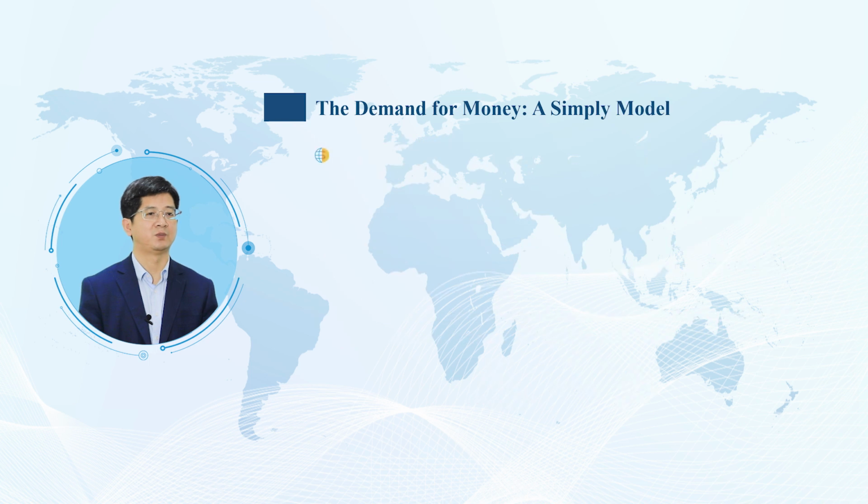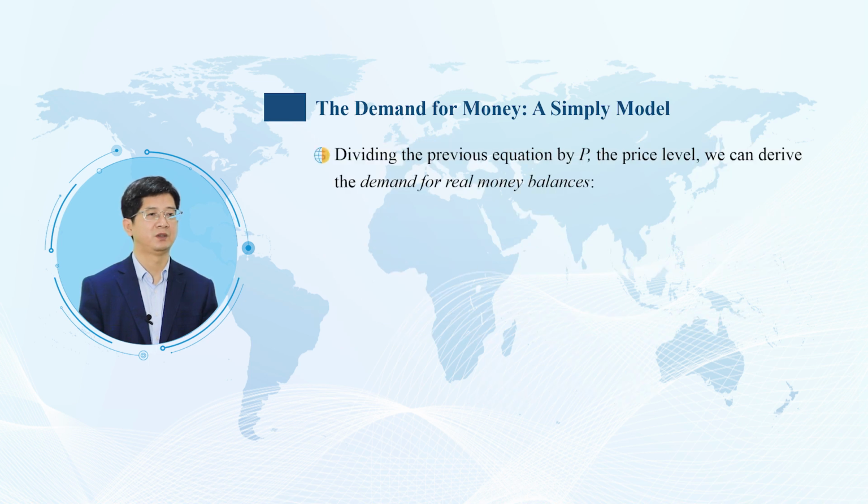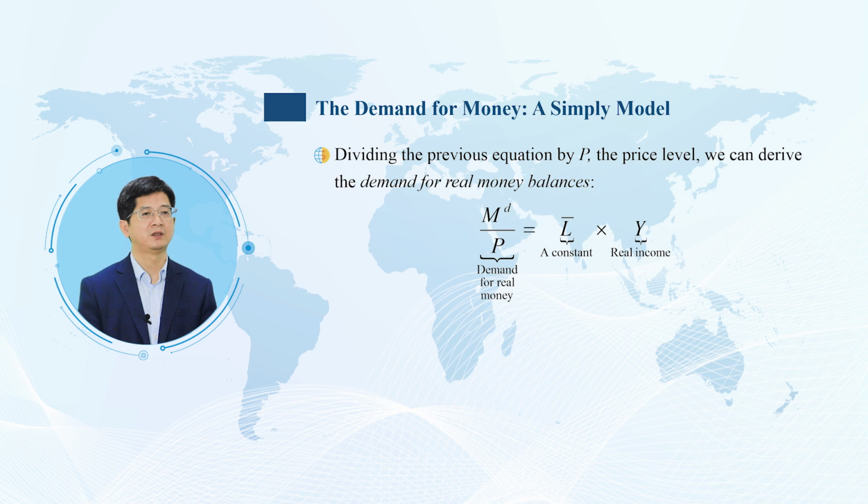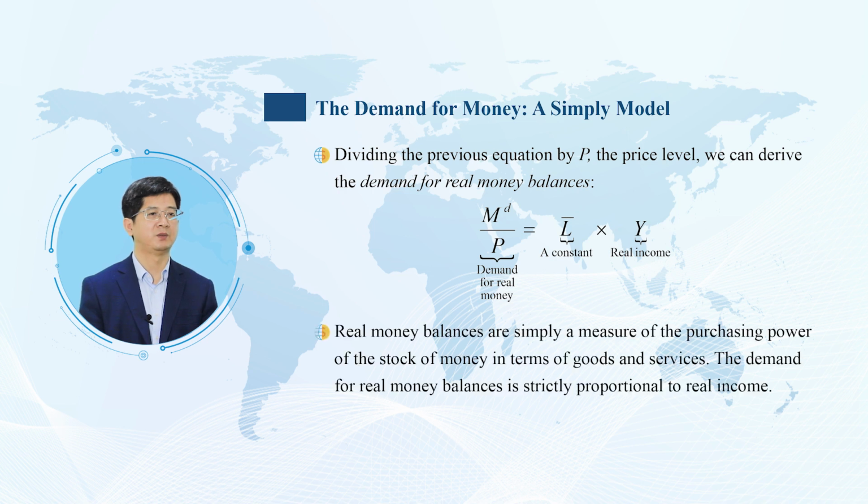Dividing the previous equation by P, we derive the demand for real money balances: M^D over P is equal to L bar times Y. Real money balances are simply a measure of the purchasing power of the stock of money in terms of goods and services. The demand for real money balances is strictly proportional to real income.